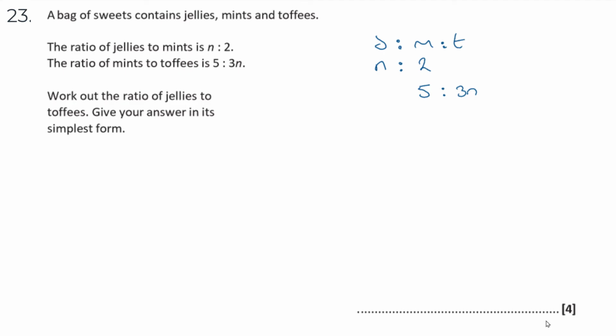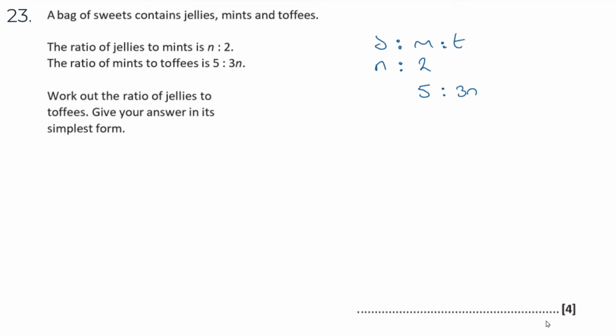Now I think what we want to do is combine those together. The way to do that is to find a common multiple of these two numbers, 2 and 5 in the middle. If we can scale these up so they're both the same multiple, then we can make one ratio.